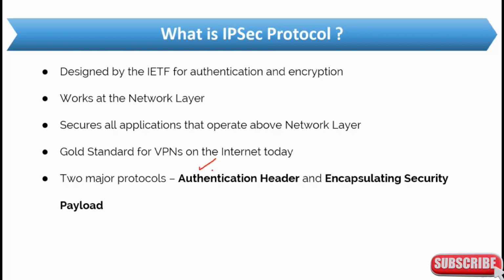But the authentication header protocol just helps in authentication of the user. On the contrary, ESP, that is encapsulating security payload, provides both authentication and encryption abilities as well. Both of these protocols can be used with either mode, which I'll discuss further.